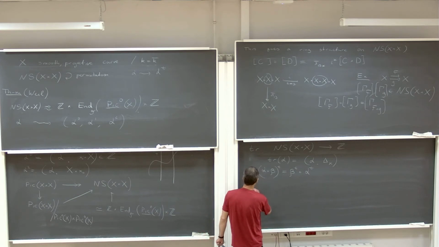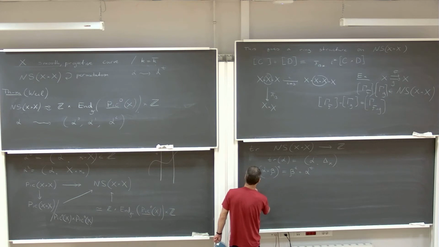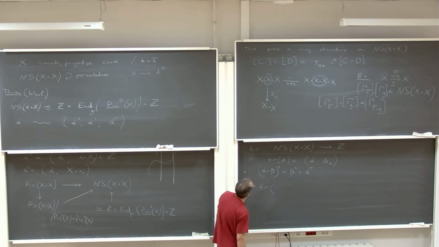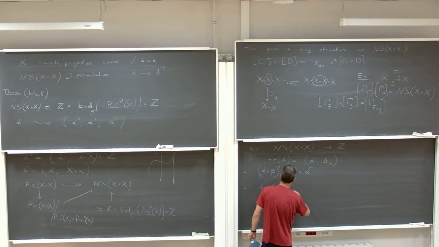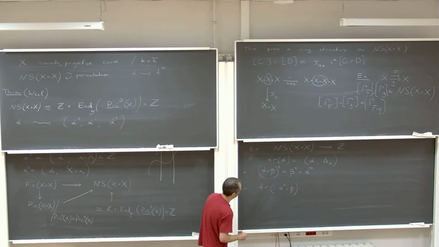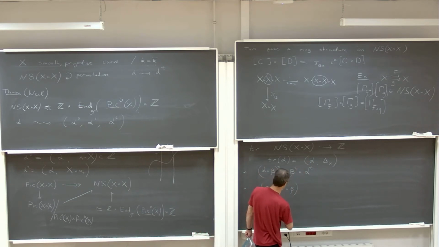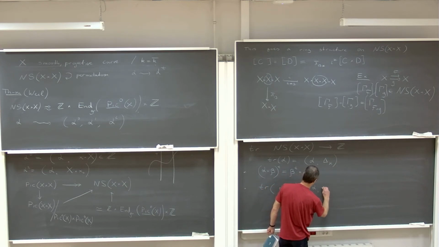Then we also have another property: if you take the trace of alpha transpose composed with beta transpose, where alpha and beta are two cycles on x times x, I claim that this is the same as the intersection of alpha and beta.